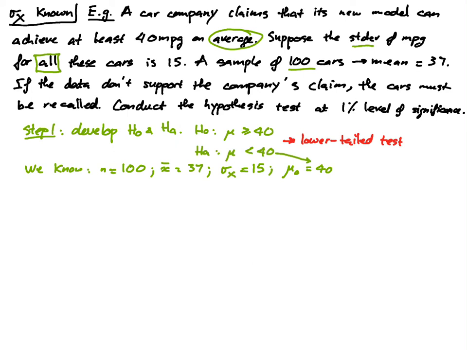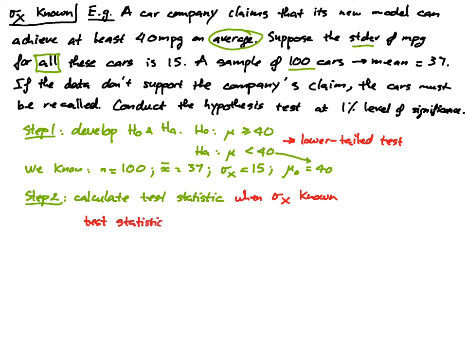So in step 2, we want to calculate the test statistic. When the population standard deviation is known, the test statistic z is equal to x bar minus mu sub 0 divided by sigma over the square root of n.